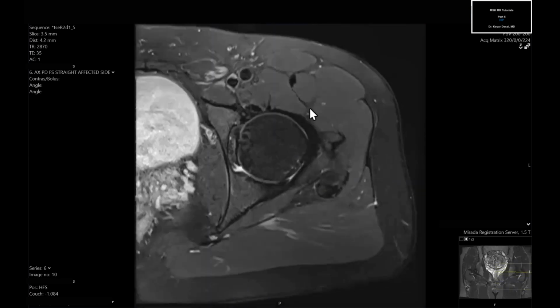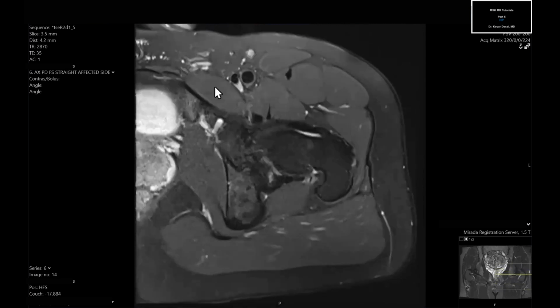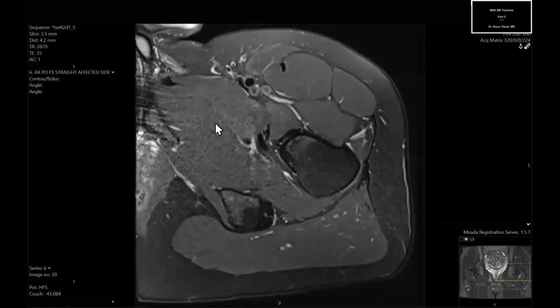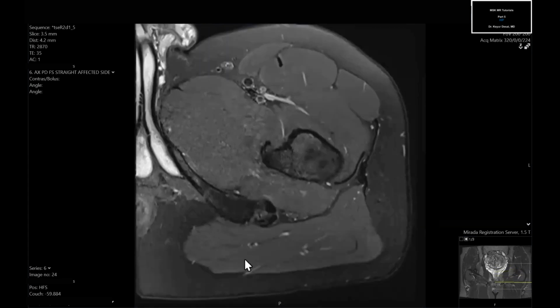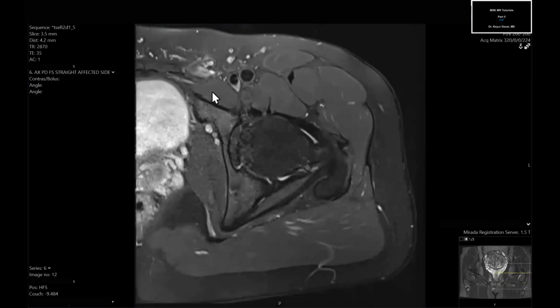And briefly, just talking about some of the adductor muscles. These can be a little difficult to discern which one is which. What you can confidently identify is think of it as more superior structures versus more inferior structures. As you're more superior, one of the very first muscles that will pop into view is the pectineus.